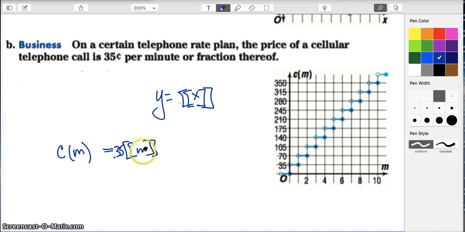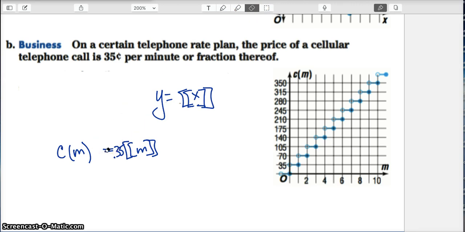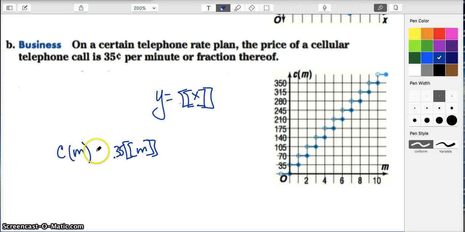We actually want to charge, if this were our company, we want to charge for all the minutes leading up to that actual value. So for instance, the first part of this, we're going to write this as a piecewise function. The first part of this is we need to establish the fact that, yes, we do want the function to equal this 0.35 times the greatest integer that's equal to or less than m, as long as this is the number of minutes.